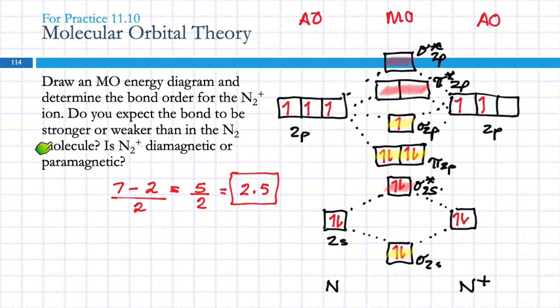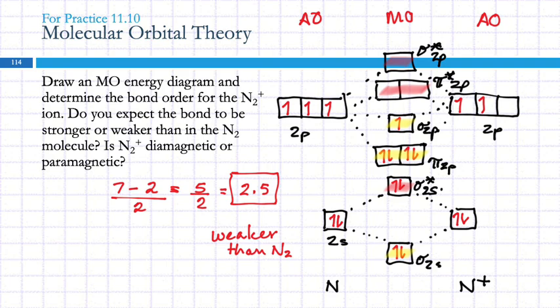Based on that, do we expect this bond to be stronger or weaker than in the N2 molecule? We looked at that one, and that one had a bond order of 3. So is this one stronger or weaker? It's weaker because its bond order is smaller. So it's weaker than N2. Is this diamagnetic or paramagnetic?